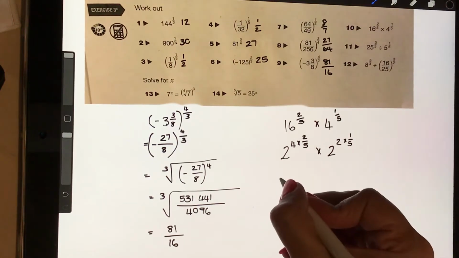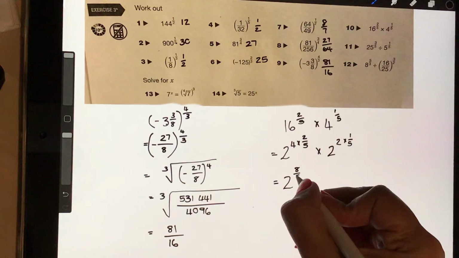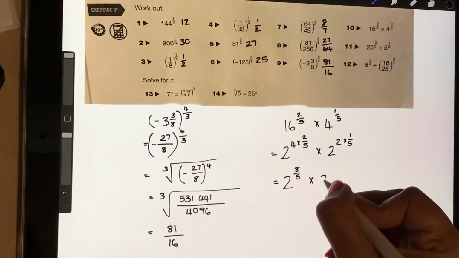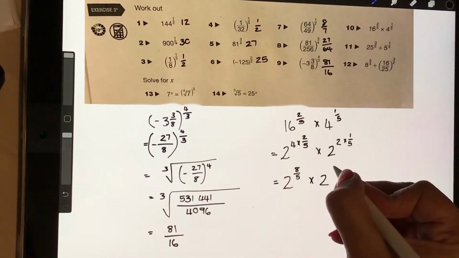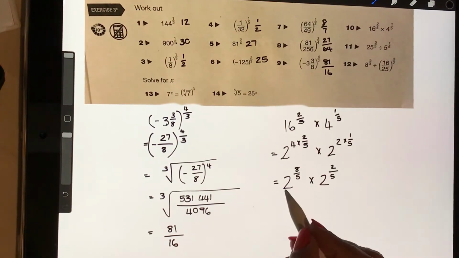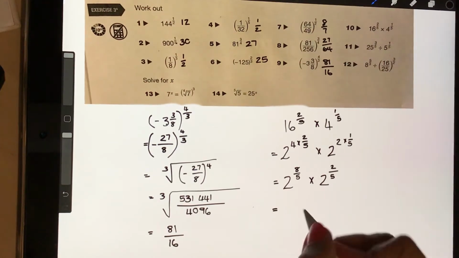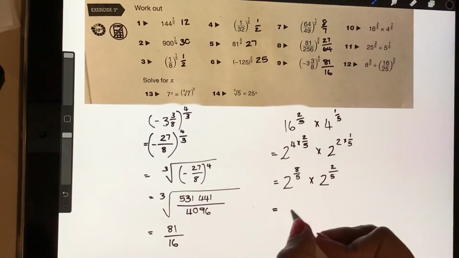Right, then when I multiply these, I get 2 to the power of 4 times 2 is 8 over 5, times 2, and 2 times 1 is 2 over 5. Now, when I have two base numbers that are the same, I can simply add the indices.